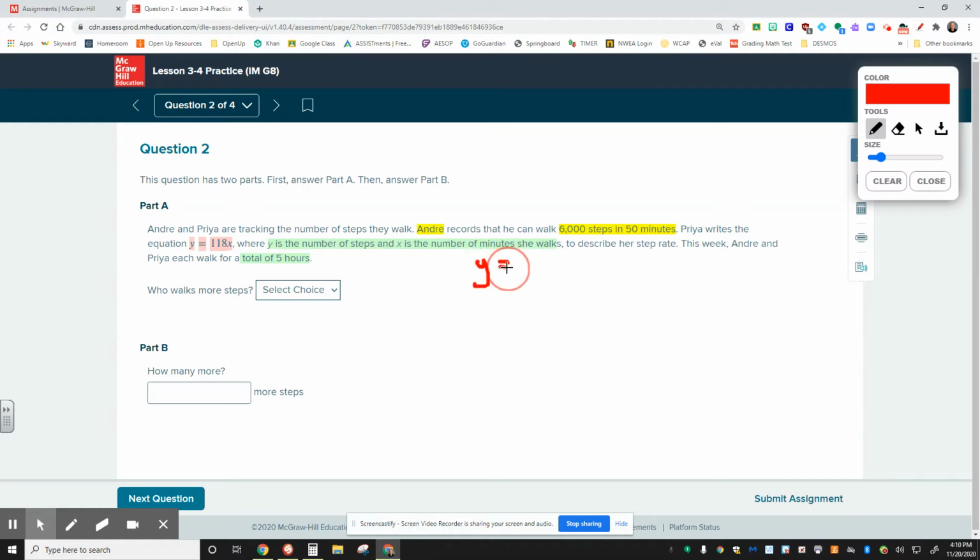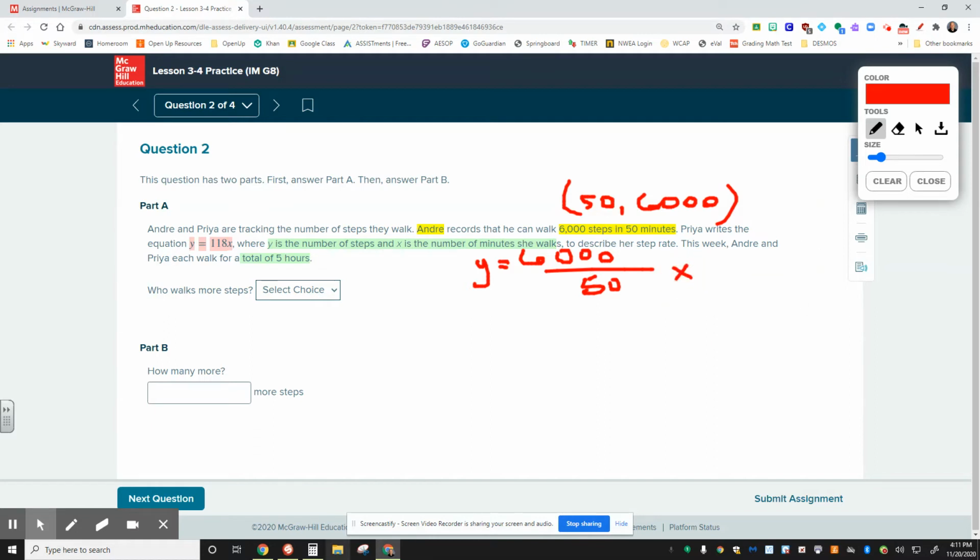Y is equal to, so his output, his total number of steps, is going to be equal to, let's look at this as an ordered pair. We know that x comes first, so that's the number of minutes, making this 50. And then y is the number of steps, and 6,000. With that equation, it's not going to do us a whole lot of good to know 6,000 divided by 50 times x.